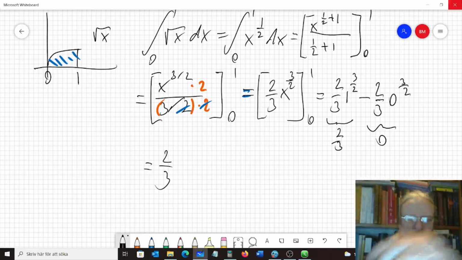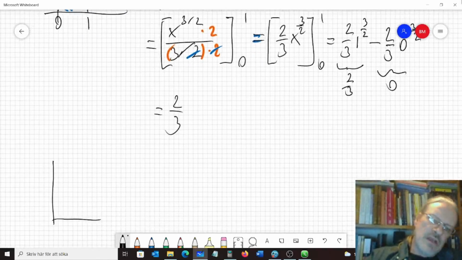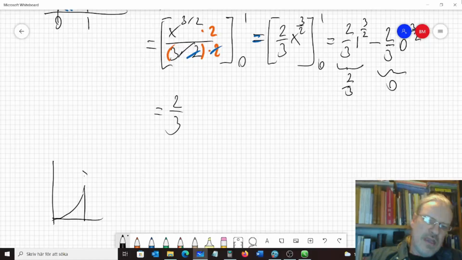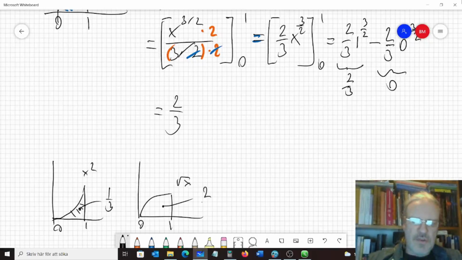This actually makes very much sense if you think about what we did, because the first integral we did was taking the area underneath the x squared curve, this part here, we found that that was 1/3, and then we took the integral of the square root of x from 0 to 1, and we found that that was 2/3.